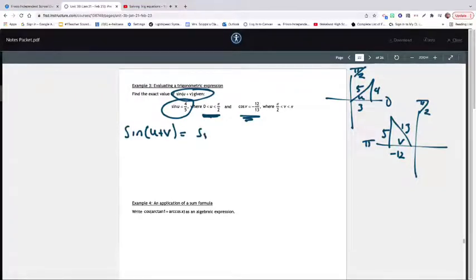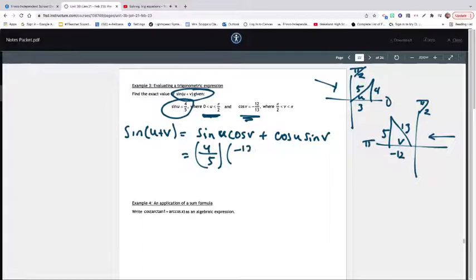So they want me to do sine of u, cosine of v, plus cosine of u, sine of v. Now I'm going to use those triangles. So for sine of u, I know it's 4/5. For cosine of v, I use this one, which was negative 12/13. Plus cosine of u, I'm back to this one again. Cosine is going to be adjacent over hypotenuse, so it's 3/5, or x over r.